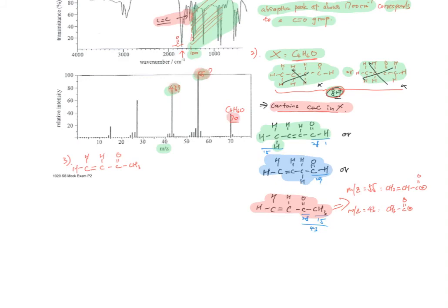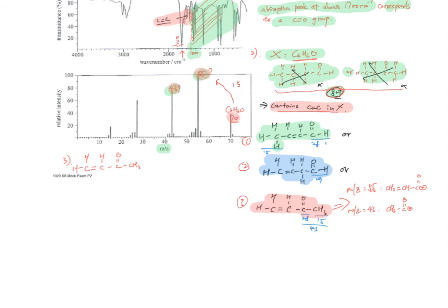By subtracting 55 from 70, what's left? It is 15, right? So that means something of mass 15 is gone when the molecule is bombarded by electrons in the mass spectrometer. So you can refer to structures 1, 2, 3.